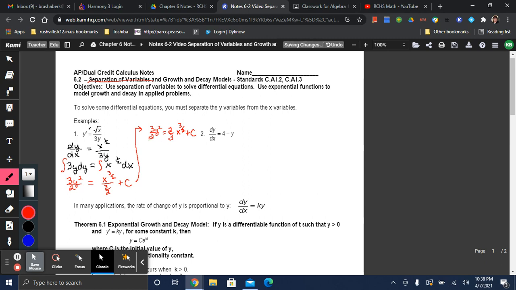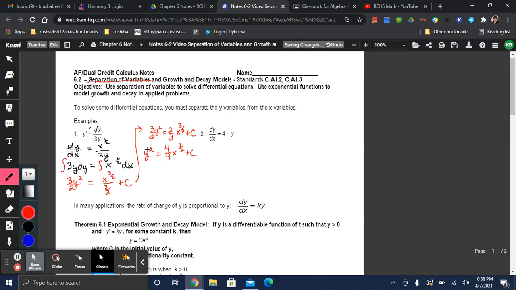We can multiply by the reciprocal so that we would get y to the second equals, multiplying by the reciprocal would give us 4/9, and then x to the 3/2 power plus c.